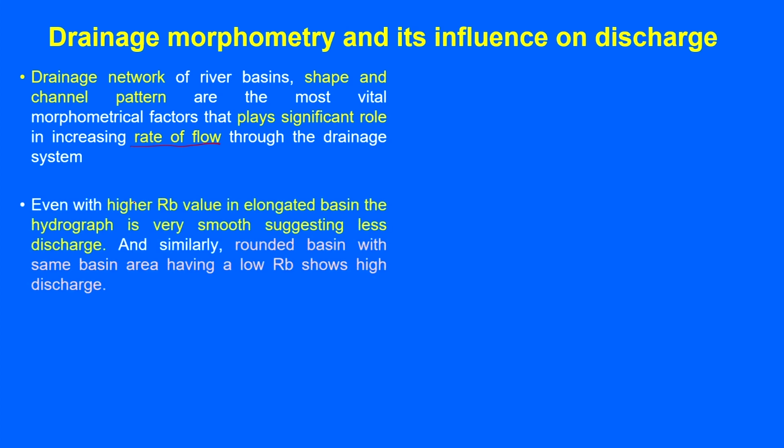Now, even with higher RB values, that is bifurcation ratio values, in an elongated basin the hydrograph is very smooth, suggesting less discharge. So, you see less discharge even if you are having higher bifurcation ratios.